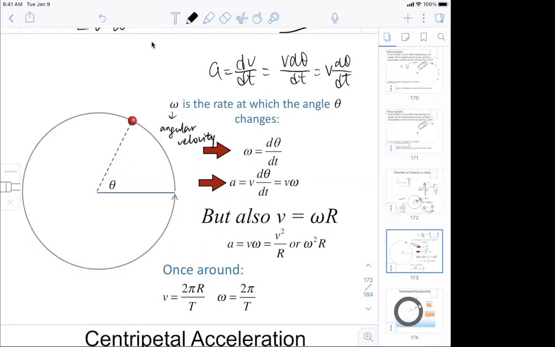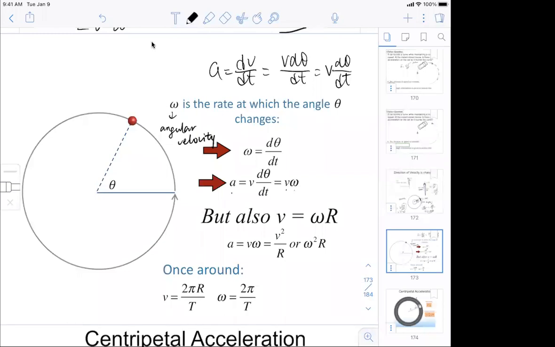Or it could be 360 degrees per second, meaning that in 1 second, this thing rotates all the way around. So that is described by omega, the angular velocity. So d theta over dt is omega, which means your acceleration is velocity times omega.